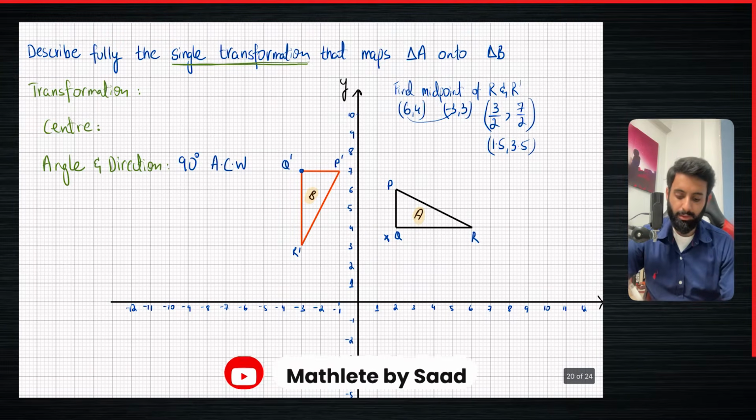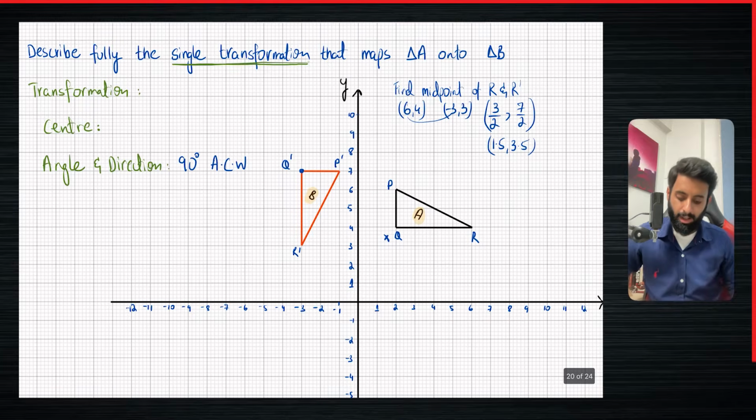Now from this point, here's what I need to do. I need to rotate R or R prime, doesn't matter, 90 degree clockwise or 90 degree anti-clockwise. Okay, and yes, you have the liberty of that. I know initially it's hard to wrap your head around it, that really we can do either, 90 degree clockwise or anti-clockwise. Yes, that's the case.